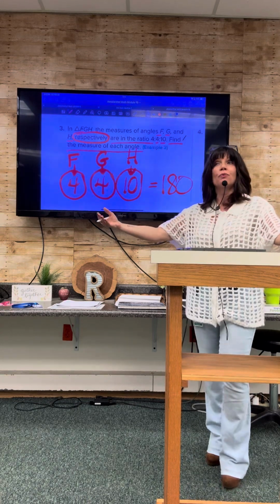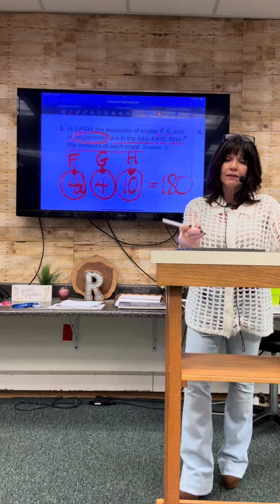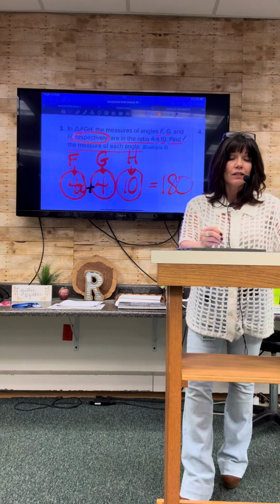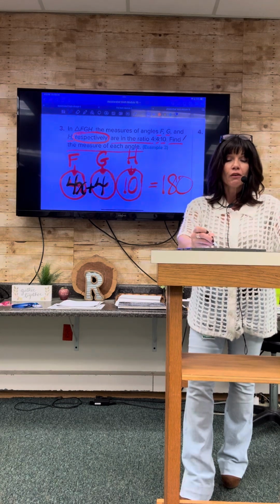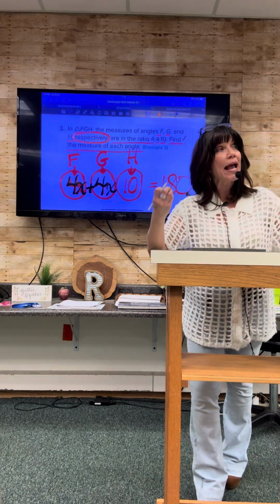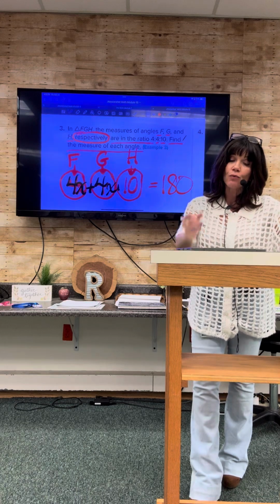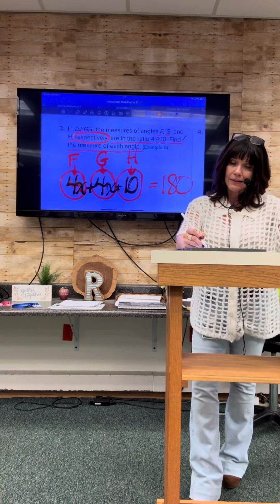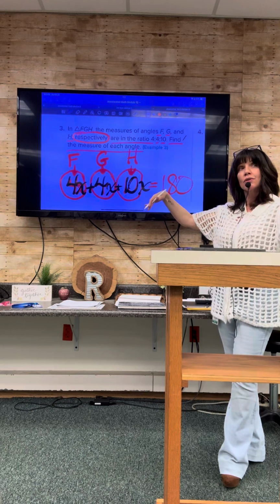What variable could represent that? So it should say 4x plus what? 4x, because again, it's the unknown number of the same equally sized parts. And then plus 10 what? X.